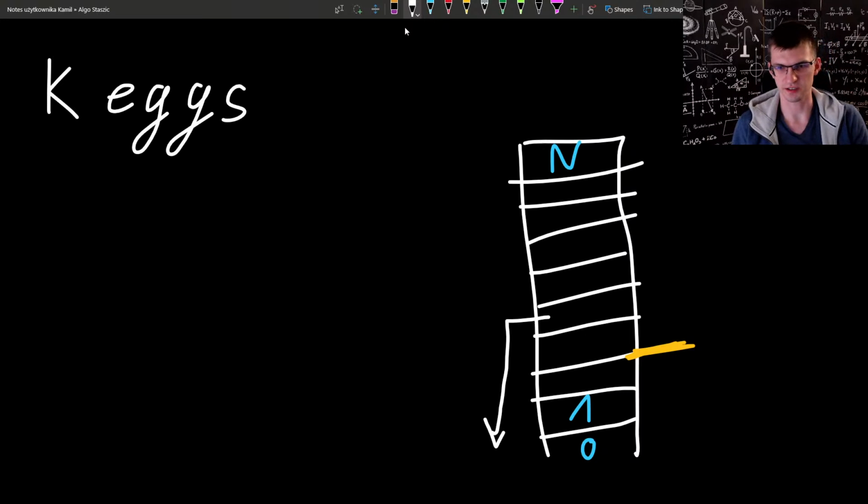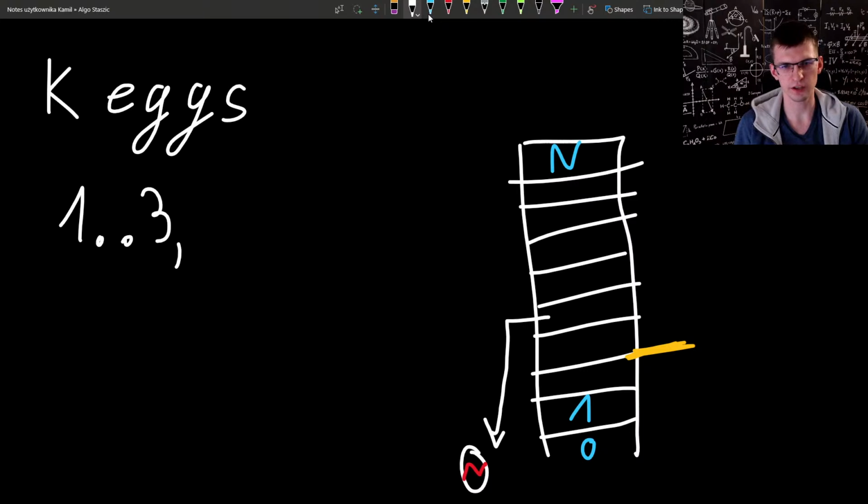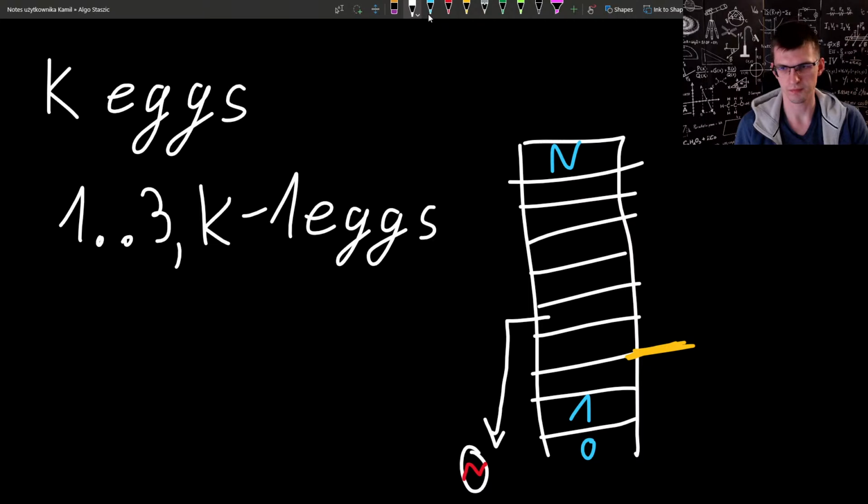If it cracks, let's say, you drop an egg, it cracks, then we still need to investigate those floors. Actually, let's say that we are now dropping from floor x. Then we are left with investigating floors from 1 to x minus 1, and we have k minus 1 eggs.